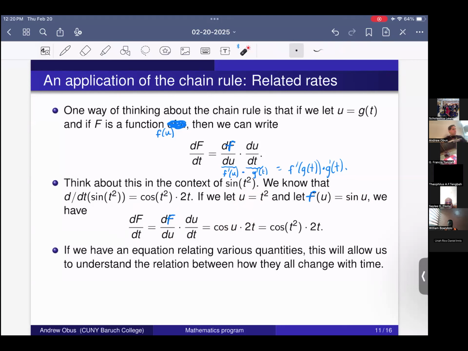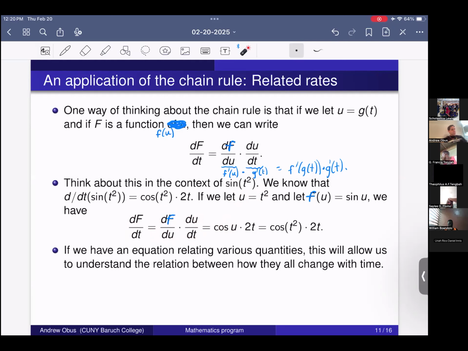This is exactly the same way we've done the chain rule before, but the idea is that if a function depends on a variable that itself depends on time, then to take the derivative of that function with respect to time, you take the derivative of the function with respect to the variable, that's this cosine of u, and then you take the derivative of the variable with respect to time.